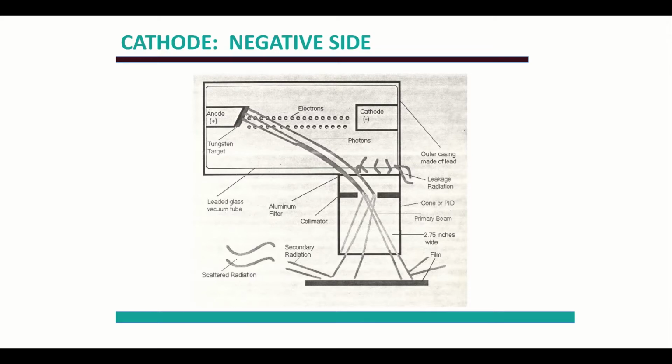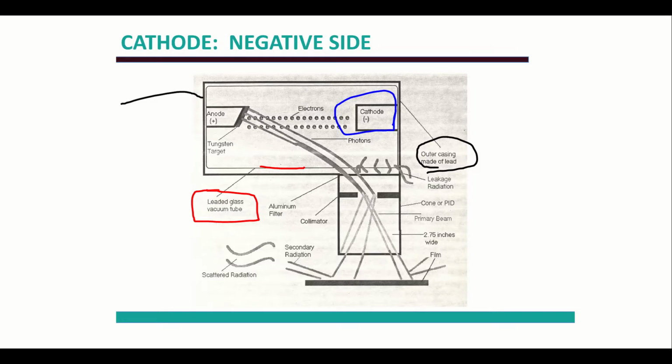All right, so here we have it already all drawn out for you. We have the tube head here, and this is made out of lead, right? Outer casing made of lead. Then we have the glass vacuum tube on the inside here. Here's our leaded glass vacuum tube on the inside. We have our negative side of the tube, which is the cathode where the electrons are.